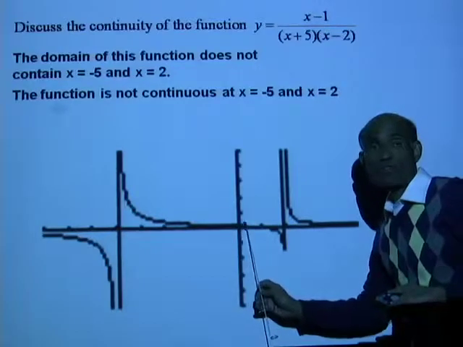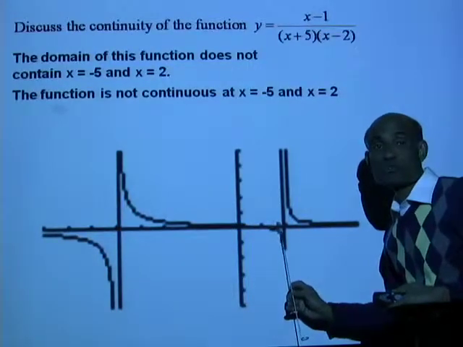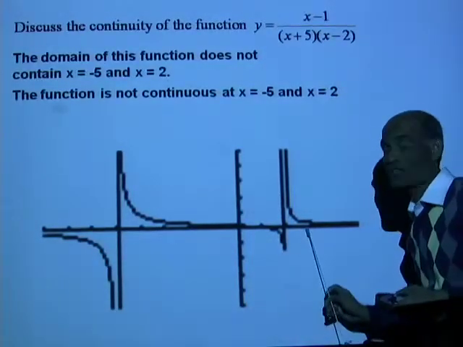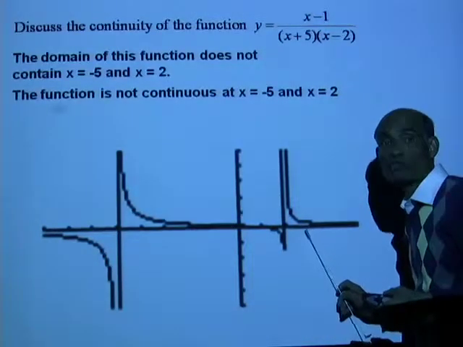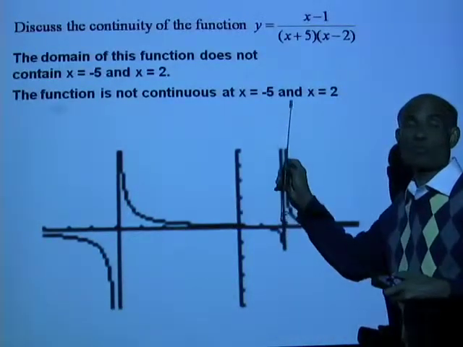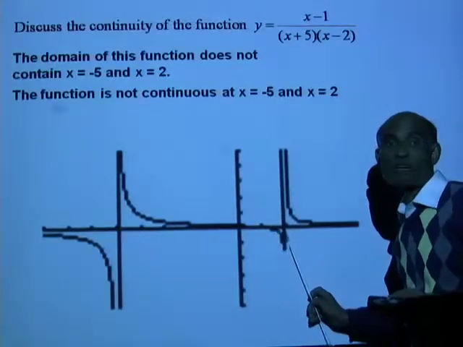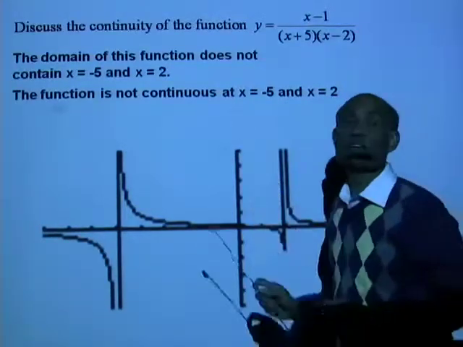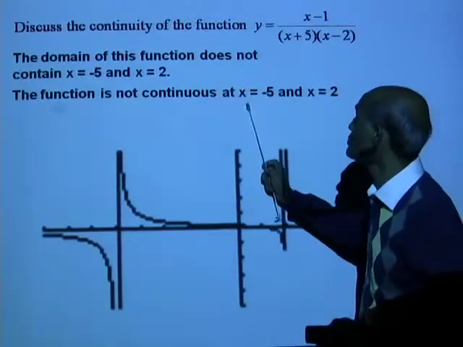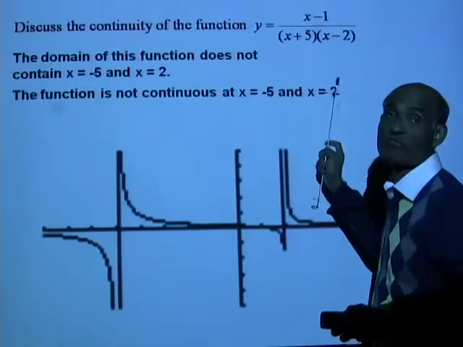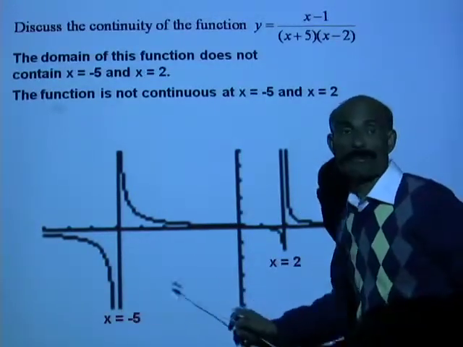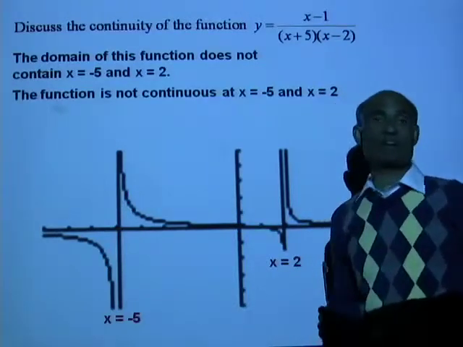Similarly, as x gets closer and closer to 2 from the left, the function value goes to -infinity. As x gets closer and closer to 2 from the right, the output value goes to +infinity. There is a break in the function at x equals 2. That means the function is not continuous at x equals -5 and x equals 2. There are breaks in the function at these two values.